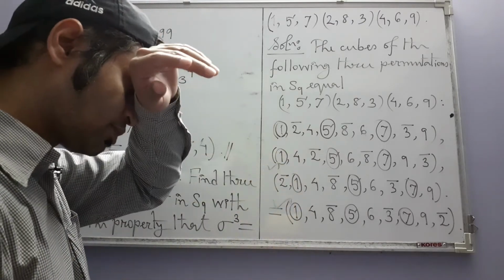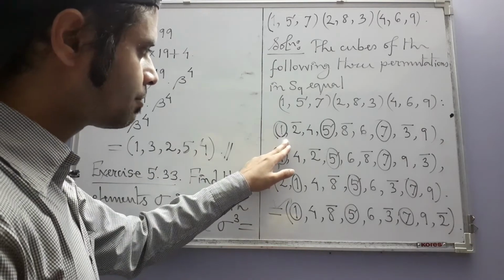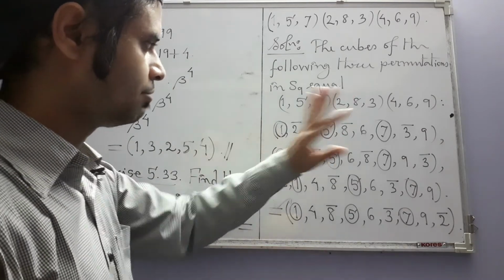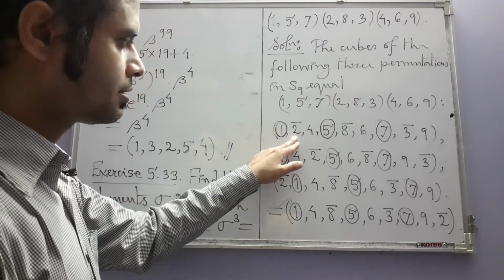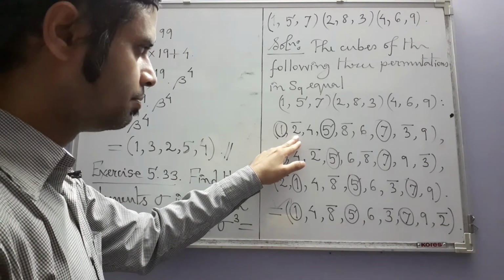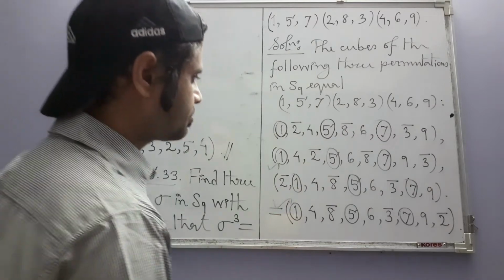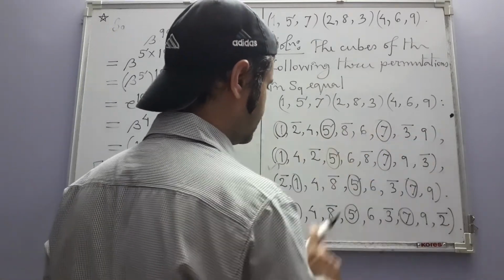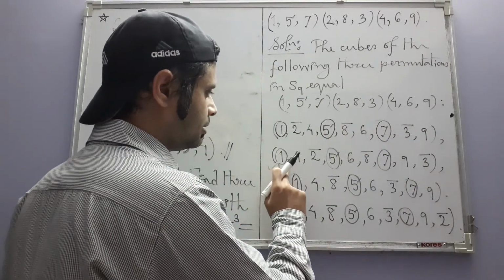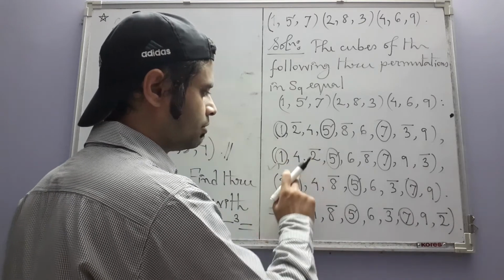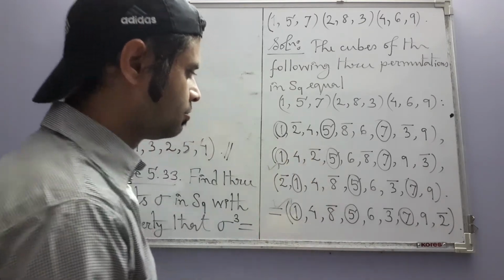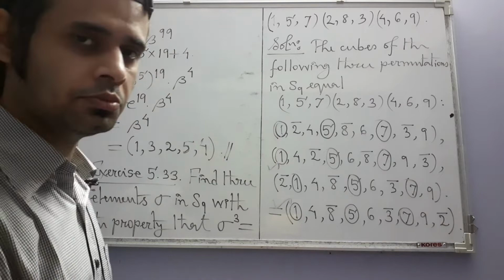What has the author done? He has first of all written 1, 5 and 7, and then he has decided to write 2, 8 and 3, and then 4, 6 and 9. In this one, instead of writing 2 and 4, he has decided to write 4 and then 2.